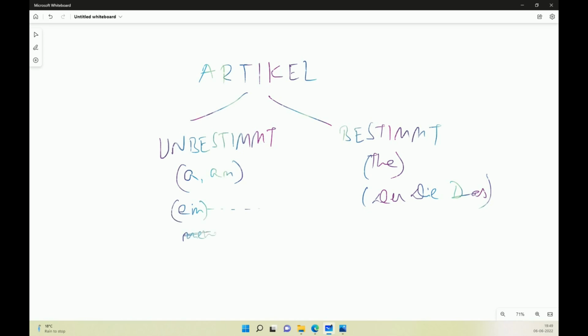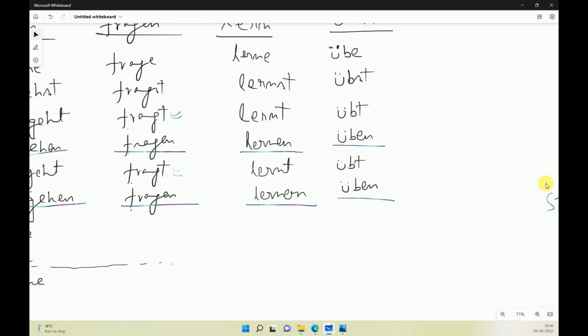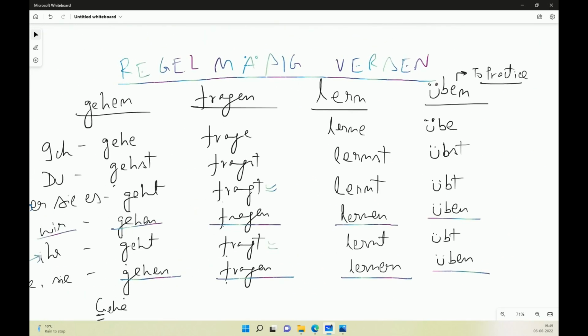But anyways, we will talk about ein only, and there is a table. You have to learn a table on the basis of which you can convert the endings. However, ein itself is known as Stamm. Stamm means root. Let's say fragen.